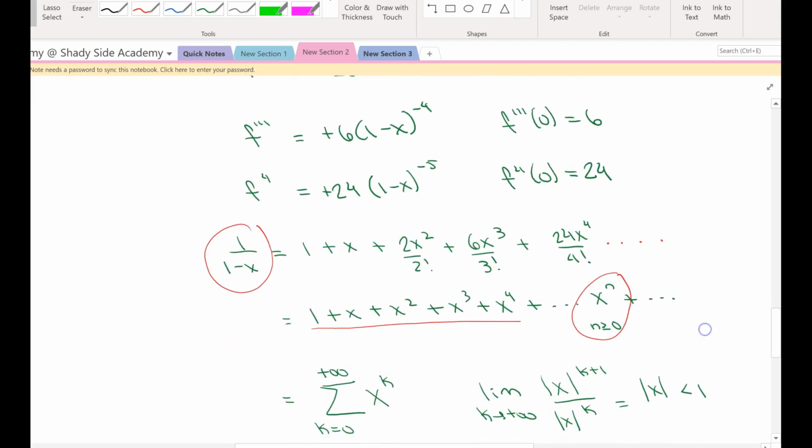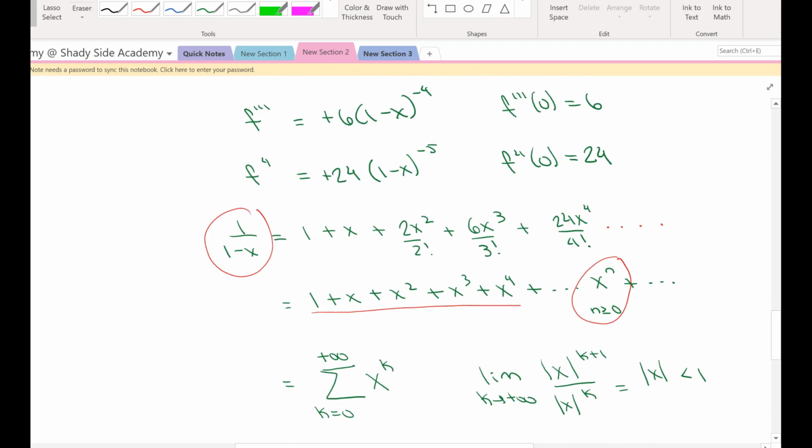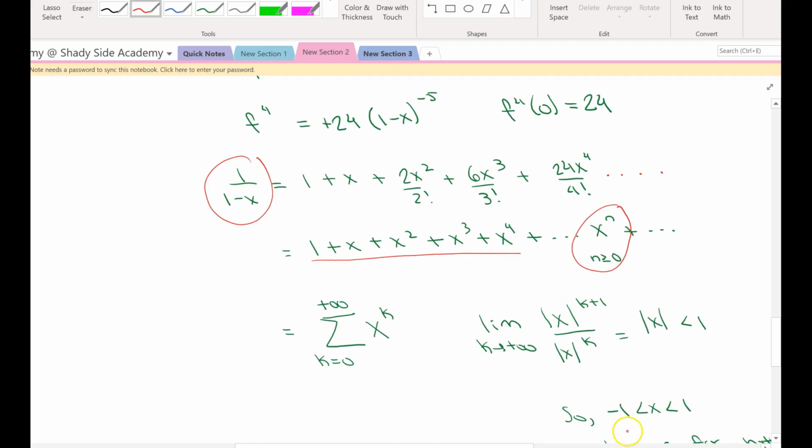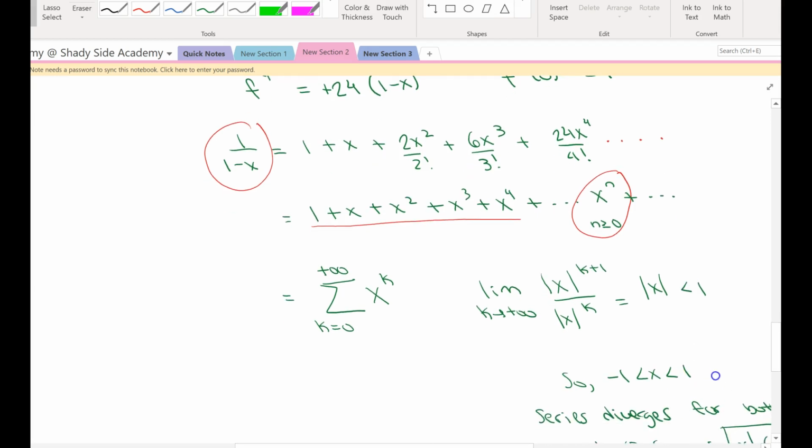And then the question regarding the interval of convergence, I set up this Maclaurin series in summation notation, used the ratio test for absolute convergence. I want the absolute value of x to be less than 1. So -1 to +1 for x is the preliminary interval of convergence. And then here I was able to just see it fairly quickly.